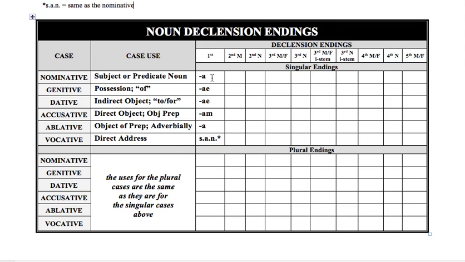So here they go again. The first declension inflection endings or noun endings are I, m, ah. How about if you try to say the singular ending after me? I, m, ah.